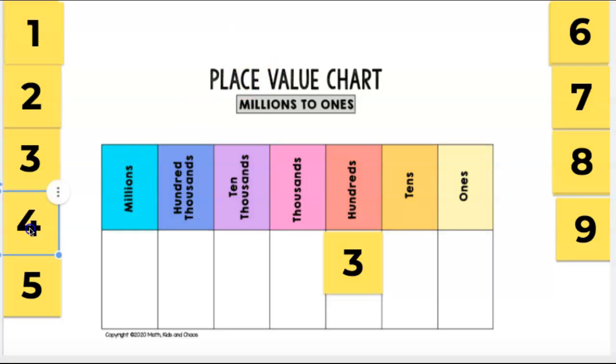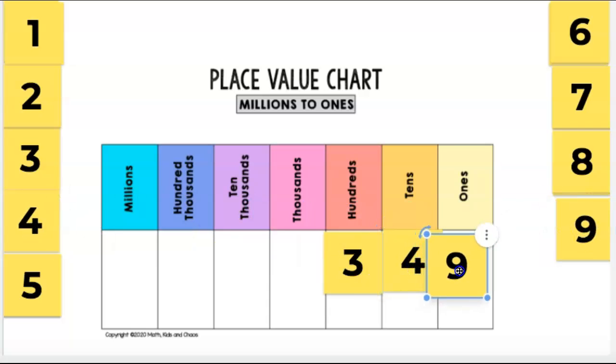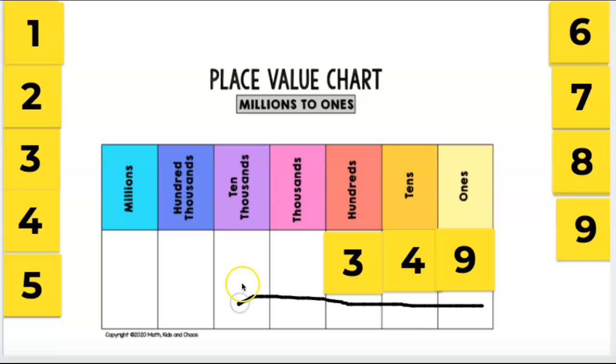So let's say we have the number 349, okay? So we have 349. If I multiply this by 10, okay, the whole number is going to move to the left because it's going to get bigger. And as the number increases, it moves left.